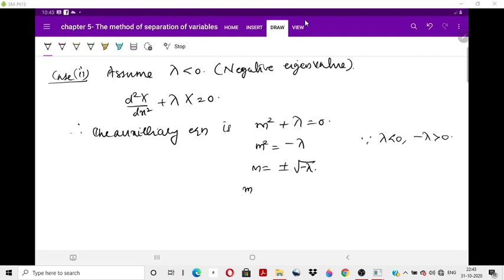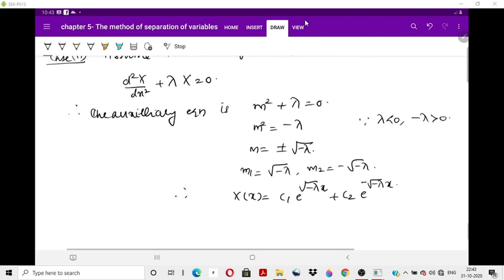So m1 equal to root of minus lambda, m2 equal to minus root of minus lambda. Therefore, the general solution is given by X of x is equal to c1 e raised to root of minus lambda x plus c2 e raised to minus root of minus lambda x. So this will be the solution.